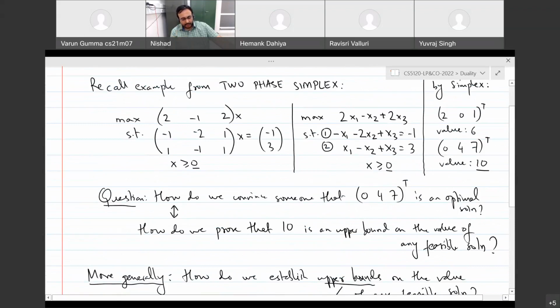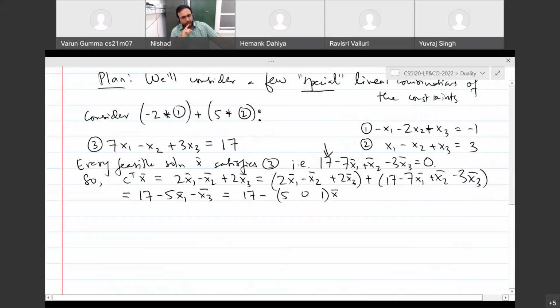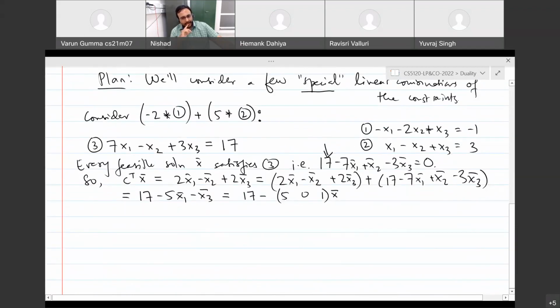So we actually found an optimal value of 10. So are you sure you mean it should be exactly 17? Oh no, 17 is like a big upper bound. Right, 17 is an upper bound. We can't say it should be 17. That would depend on the feasible solutions, right? But what we do know is that all feasible solutions are non-negative. And so if you multiply a non-negative vector by another non-negative vector, we will get something non-negative. And so we are subtracting something non-negative from 17, and that is at most 17. Right? Is that what you mean?